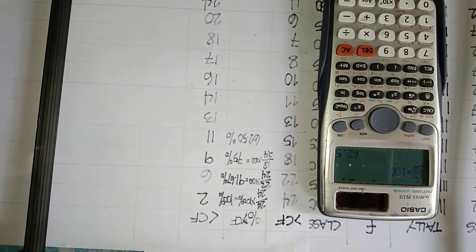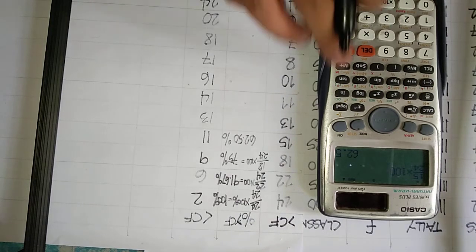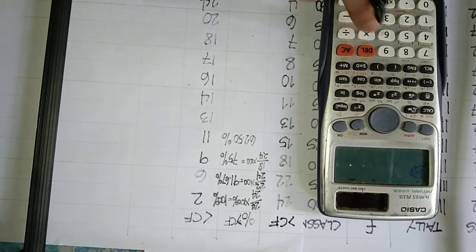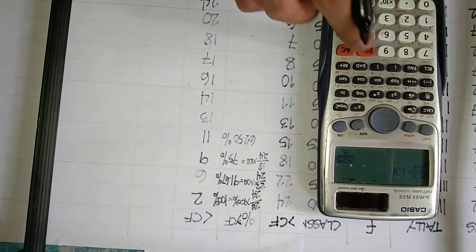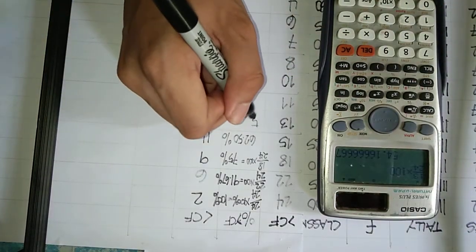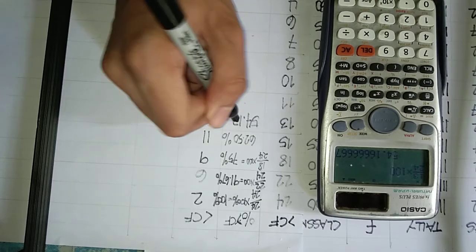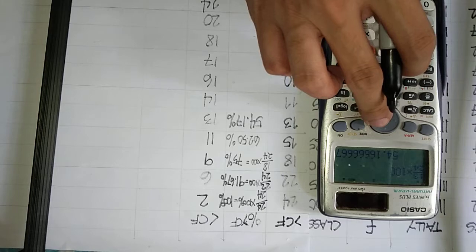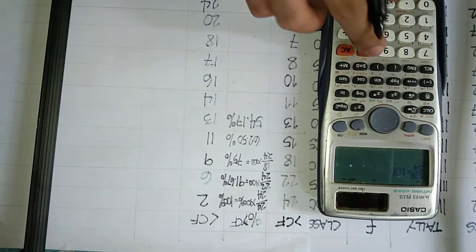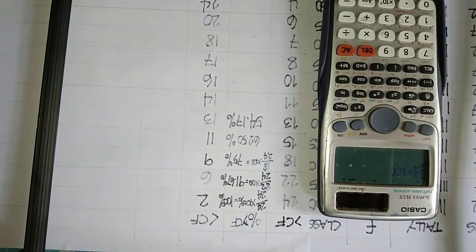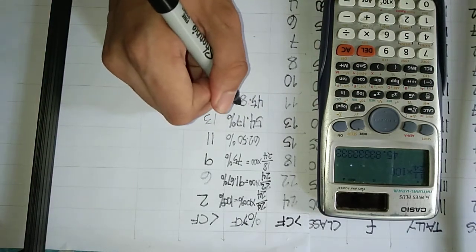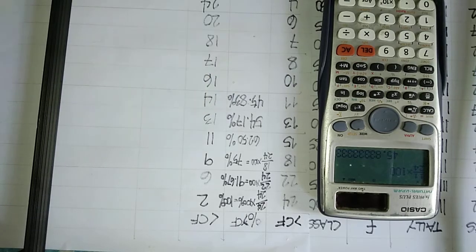Okay. So for the 13 naman, 13 divide 24 times 100, that is equal to 54.17%. Next is yung 11. So we have 11 divide 24 times 100, that is equal to 45.83%.